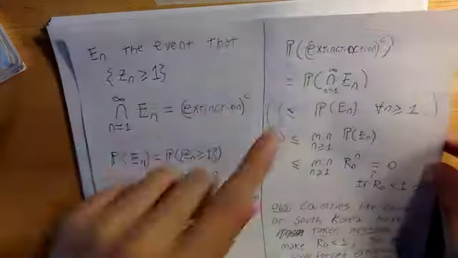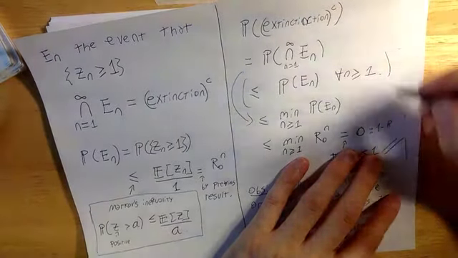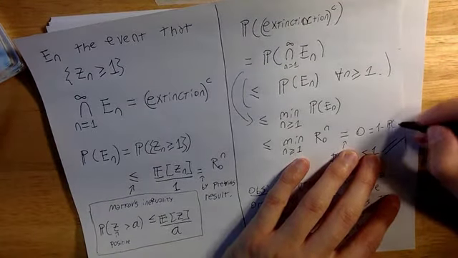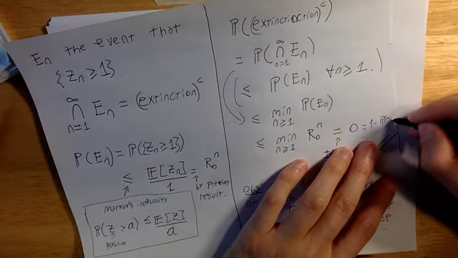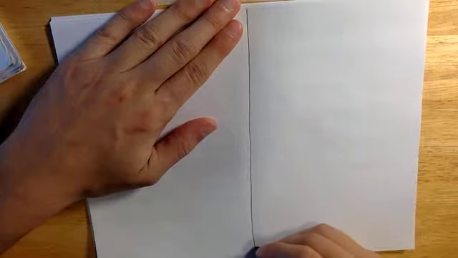Okay, so the probability of extinction is equal to 0, which is equal to 1 minus the probability of the complement of extinction. Now we're going to go into something which is more on probability. So we want to understand this type of process.